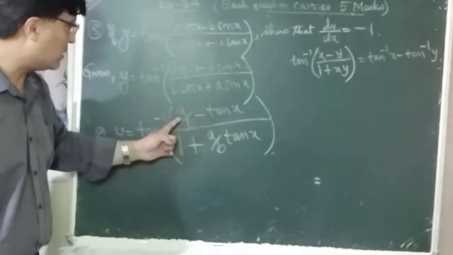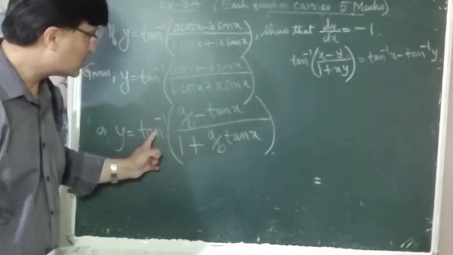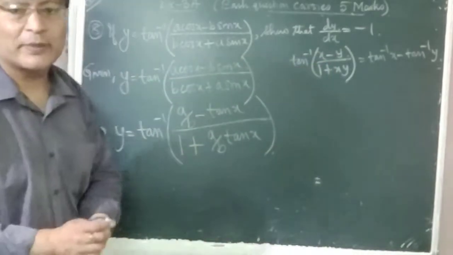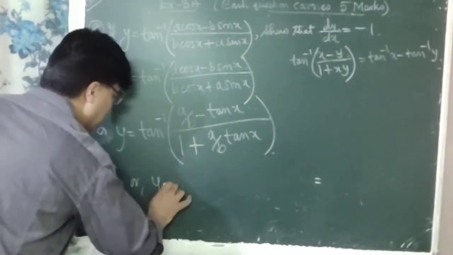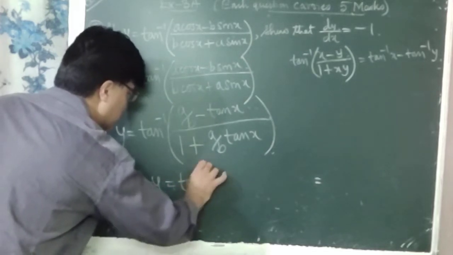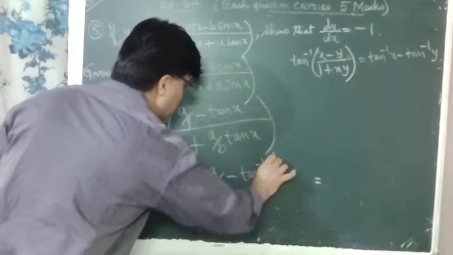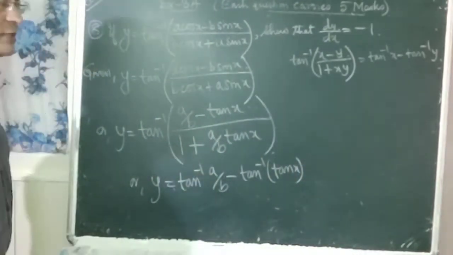Instead of x there is a by b, instead of y there is tan x. So this is tan inverse x minus y upon 1 plus xy form. What is the formula? Tan inverse x minus tan inverse y. Okay. So y is equal to tan inverse a by b minus tan inverse tan x.